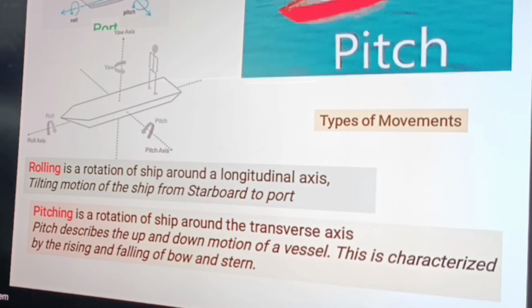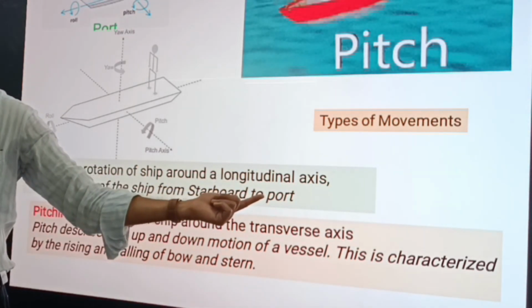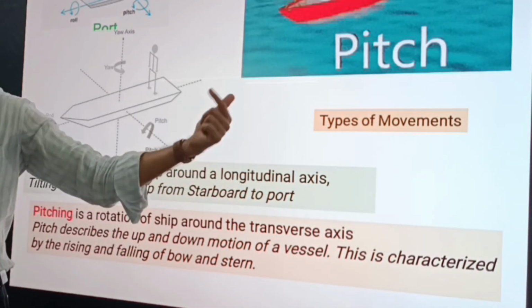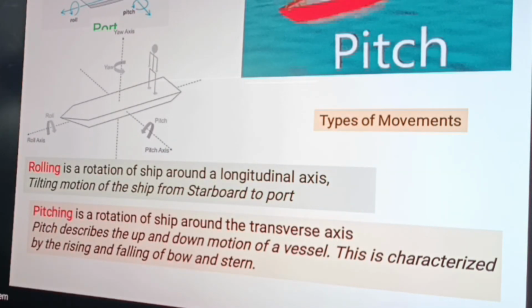Tilting motion of the ship from, you can see, starboard to port and port to starboard. Have you understood this? Tilting motion from starboard to port and port again to starboard. So such tilting motion is called which motion? Rolling motion.